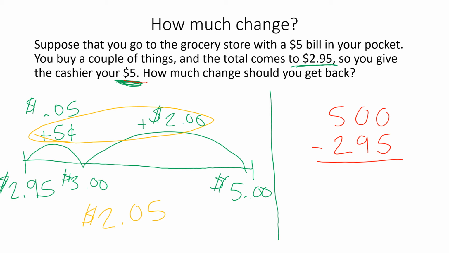And so to do that, you would subtract, and after subtracting, you would get 205 pennies. All I need to do is add my decimal point, and I know that 205 pennies is the same as $2.05.